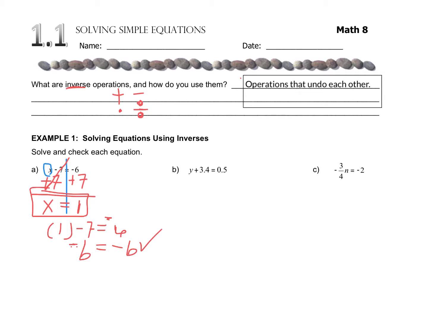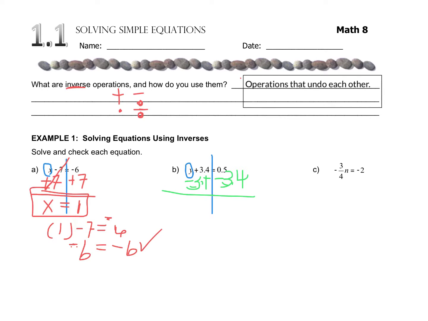So let's try a different one. So this next one, we see y plus 3.4 equals 0.5. So again, we're trying to solve for this y. Plus 3.4 tells me if it says plus, I have to do the opposite, which is to subtract 3.4 to move it away from the left side and get it on to the right side.